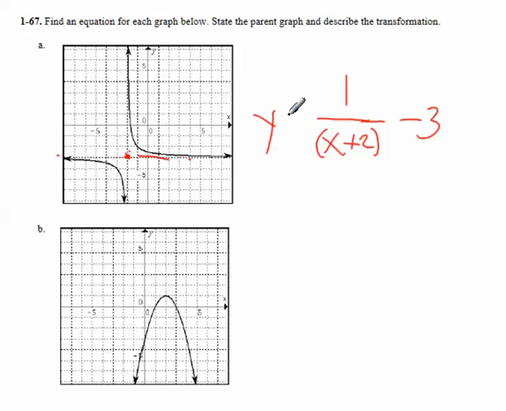So this is a possible equation for that graph, and I see that this goes through 1 unit over and 1 unit up from the origin or the locator point, so we're set with that.